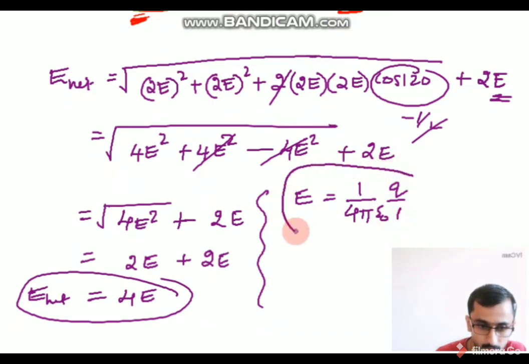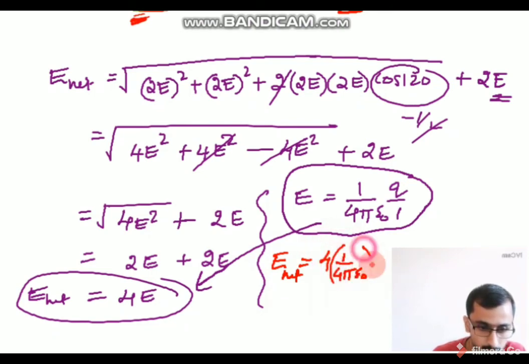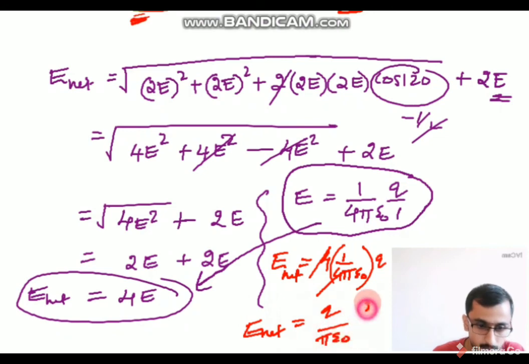So this is the value of E. Just substitute this value of E in this. So finally, what do you get? E net is equal to 4 times 1 by 4 pi epsilon naught into q. So this 4 and this 4 get cancelled. So finally the net electric field is equal to q by pi epsilon naught.